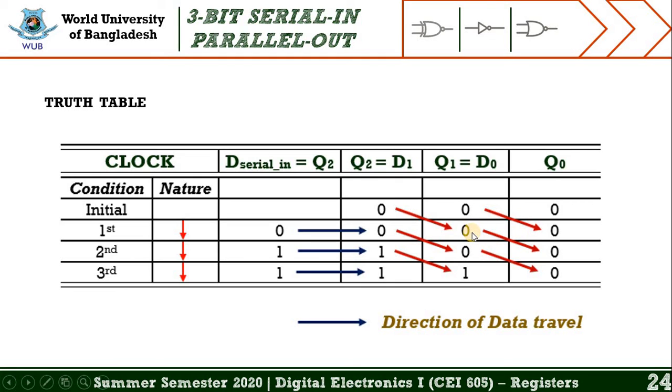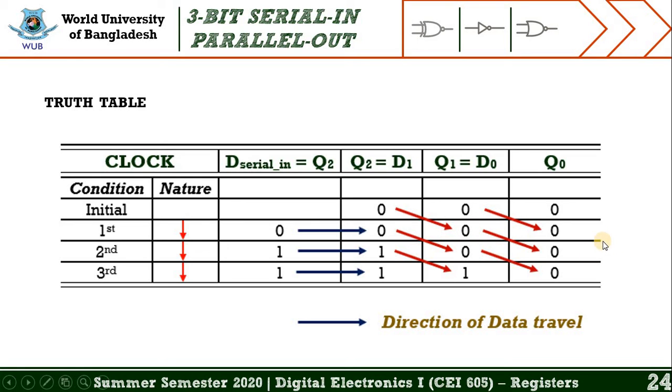But for the first condition, the second flip-flop and the third flip-flop retain the previous state value. That's why the arrow is represented diagonally: the bottom end of the arrow represents the previous state, and the arrowhead represents the present state.